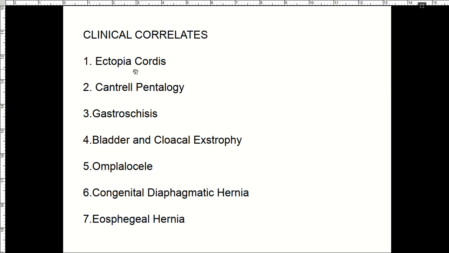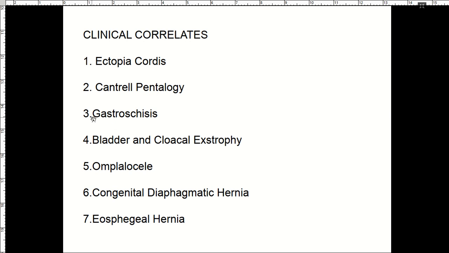So you're going to have the following: ectopia cordis being included, a defect of the anterior portion of the diaphragm, absence of the pericardium, a defect in the sternum, and the abdominal wall. It can also include gastroschisis and omphalocele.